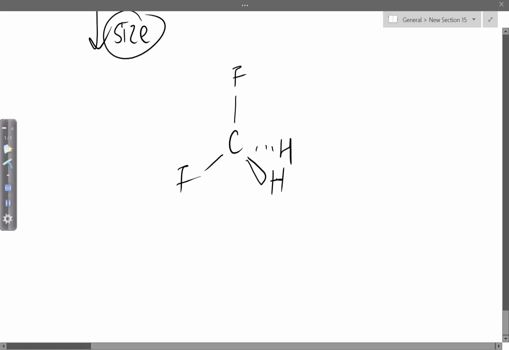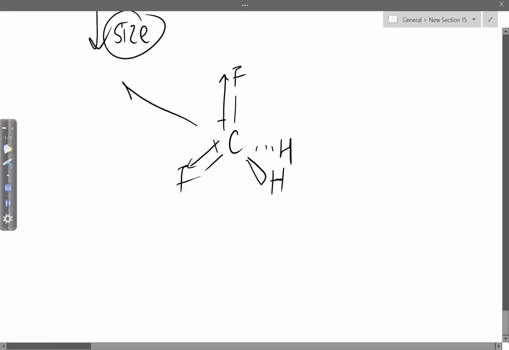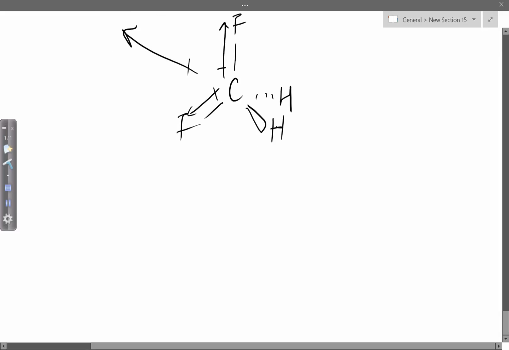Next, draw a dipole moment arrow on all the polar bonds. So your CF bond is polar, this CF bond is polar, CH is non-polar, right? So do they cancel out? They don't, right? There's actually a net dipole moment here towards this direction. Sometimes students are confused with net dipole moment. This is just like forces. Both of you don't take physics, right?